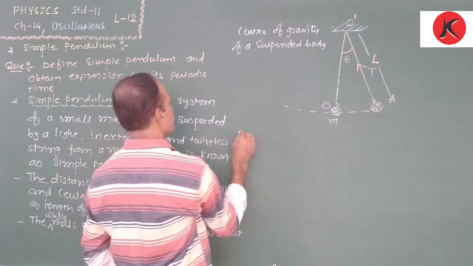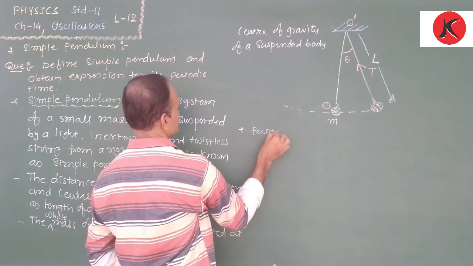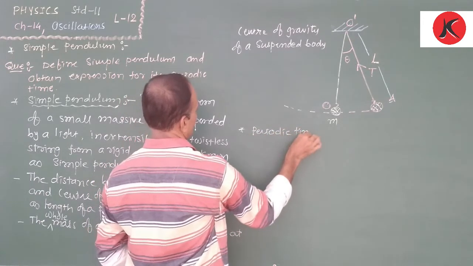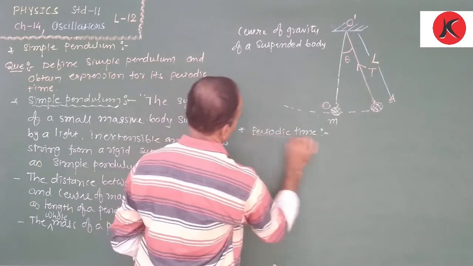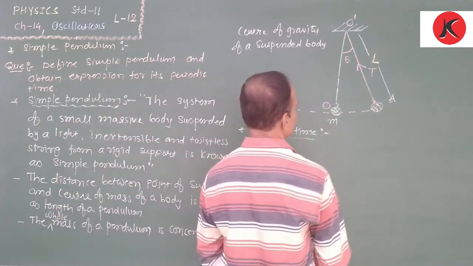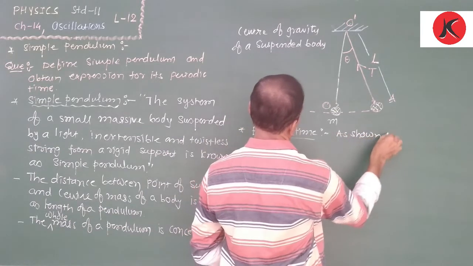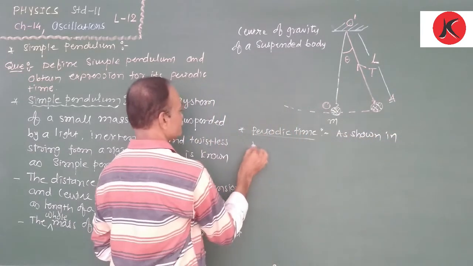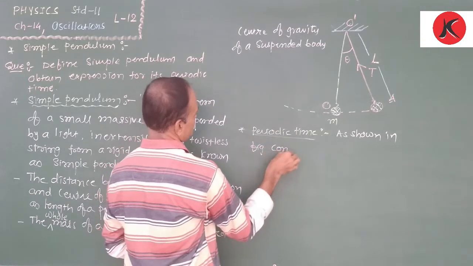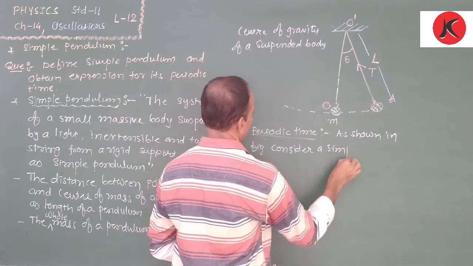Now, as shown in the figure, we are going to derive the equation of periodic time. For that purpose, as shown in the figure, consider a simple pendulum.